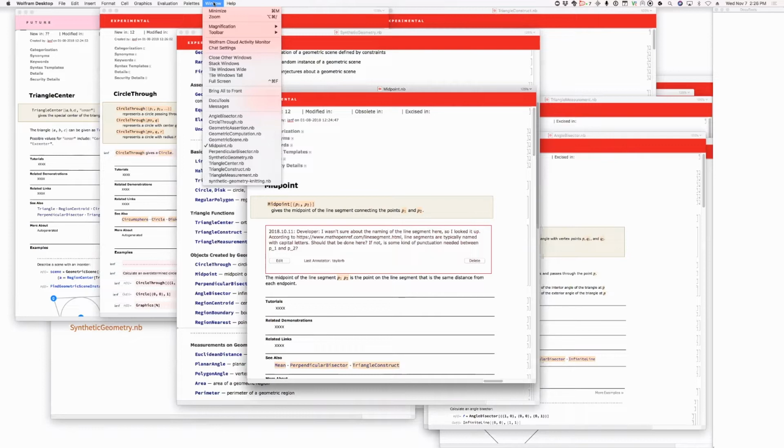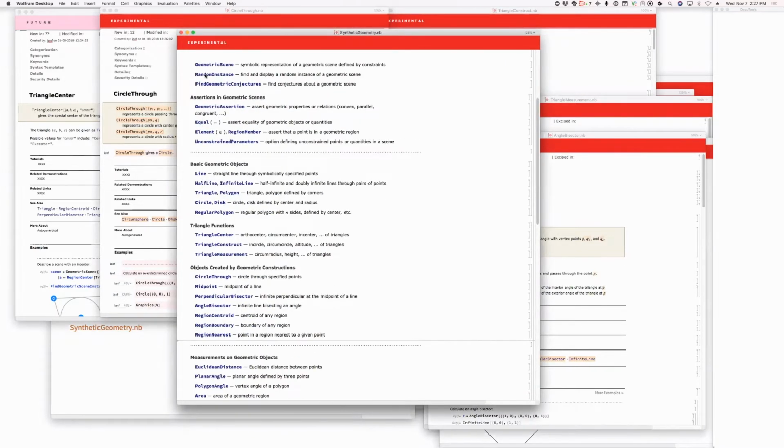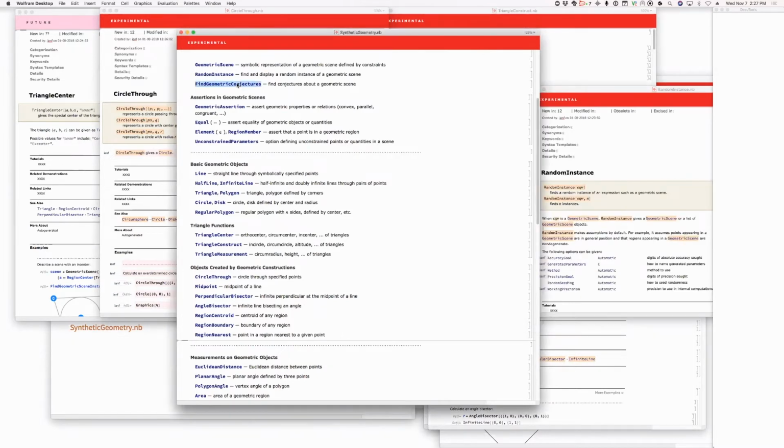Perpendicular bisector, angle bisector. Besides random instance and find geometric conjectures. Okay. All right, we're going to go through every one of these.